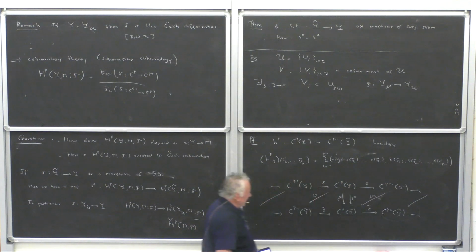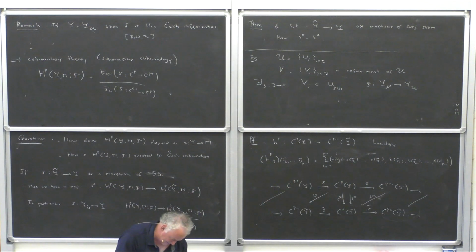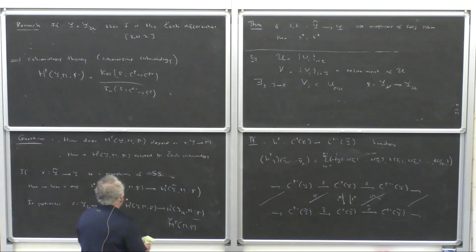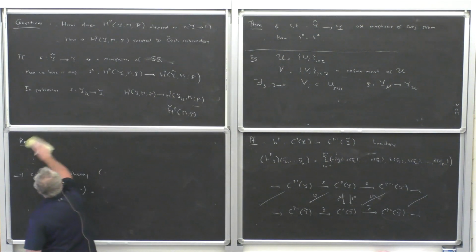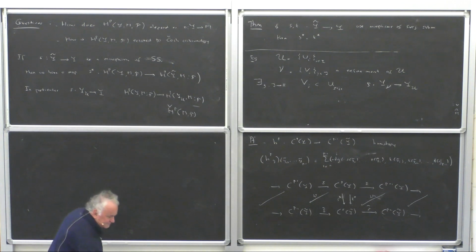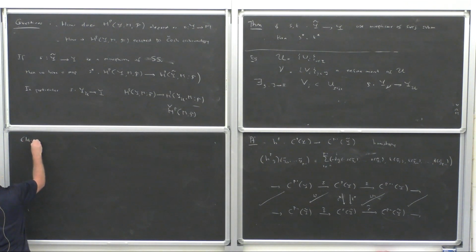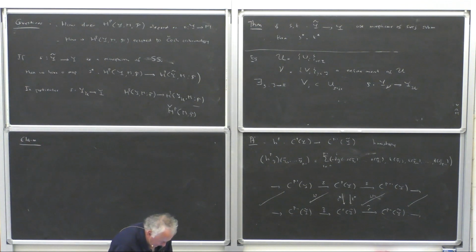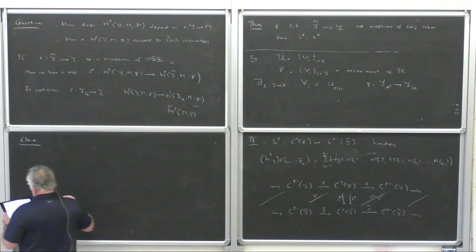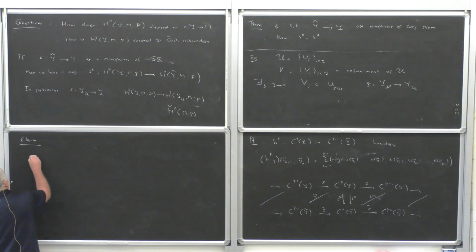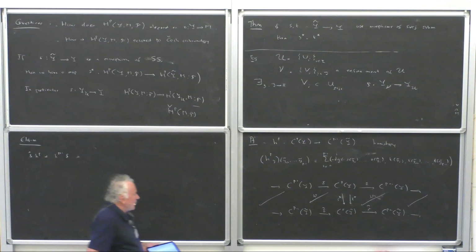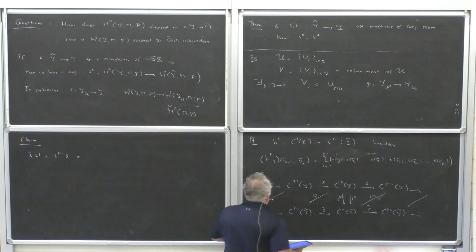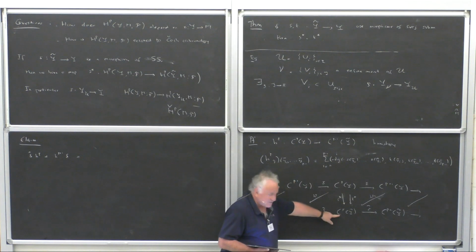And I claim, well, this is a straightforward algebraic check, but it's a nice formula, that if you first apply H^p and then delta tilde, you end up here.